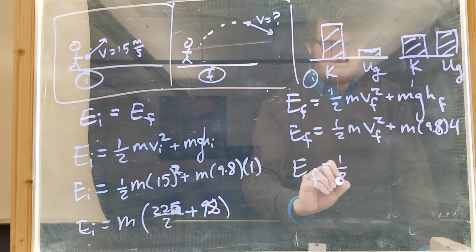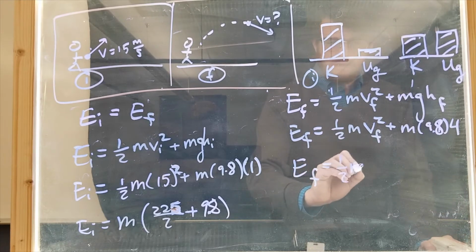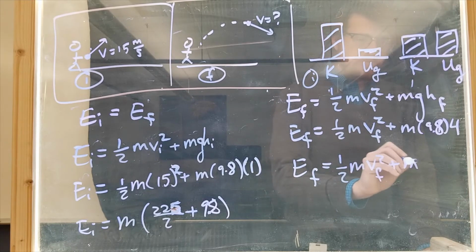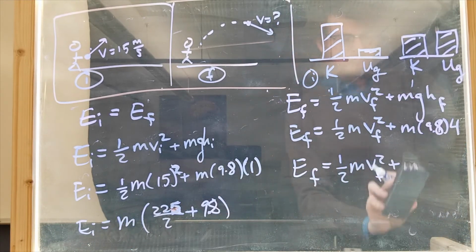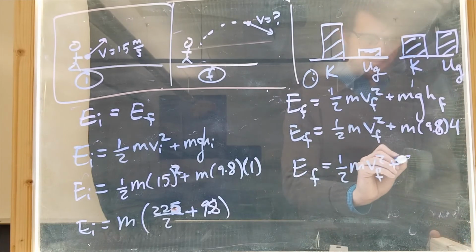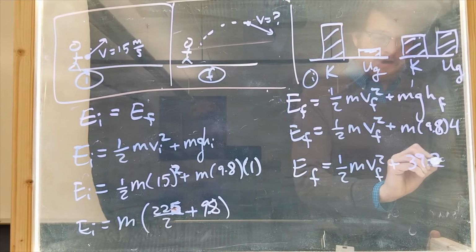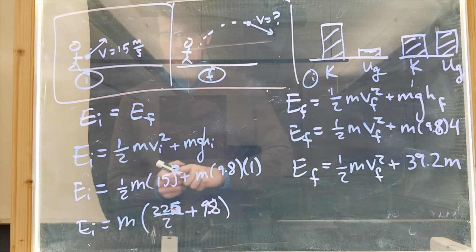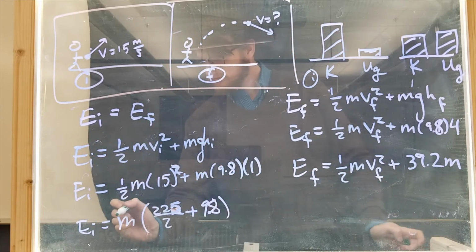I'm going to multiply that 9.8 and the 4 together, so E final equals 1/2 m v final squared plus 39.2 m.